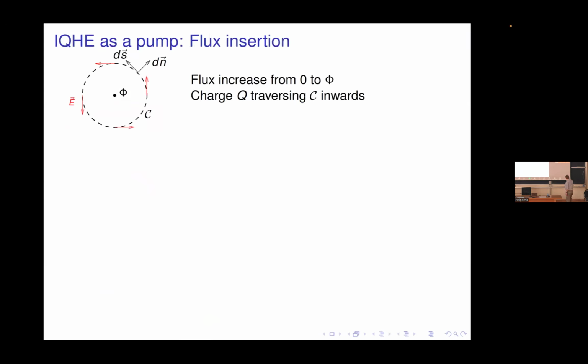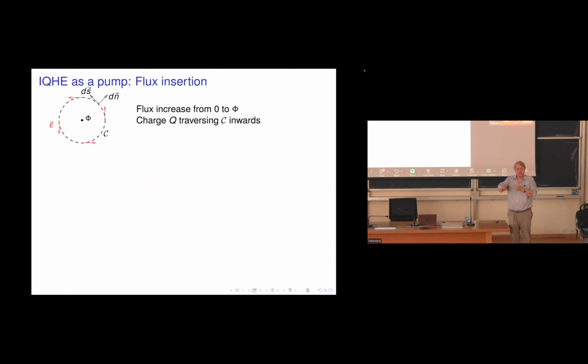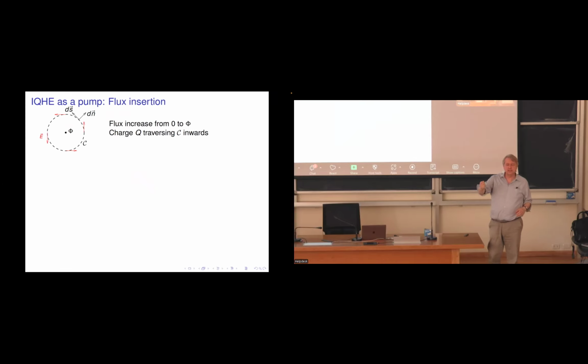So, I don't have the picture handy, but you can remember it. Take a ribbon, and this is your sample, and then in addition to any magnetic field you have on that ribbon, you let a flux go through the ribbon, and you increase it by one quantum of flux.